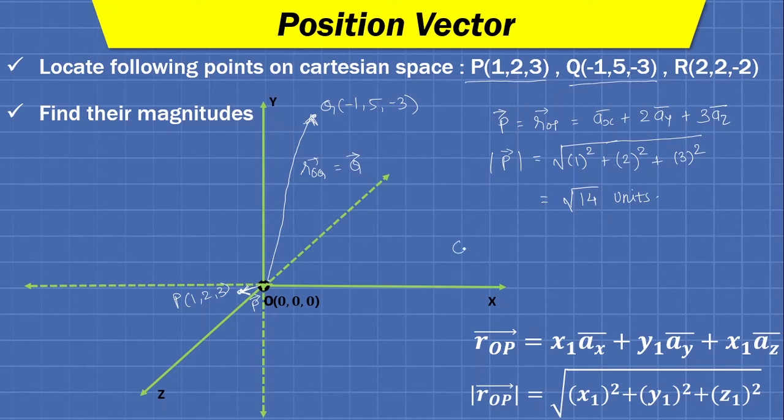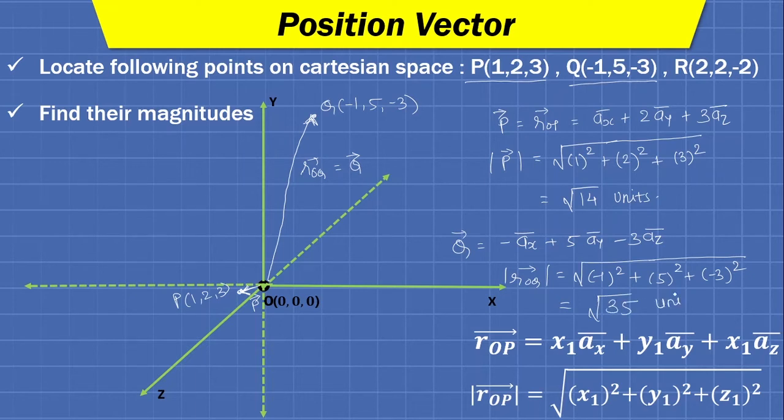Again, Q bar can be written as -a_x bar plus 5 a_y bar minus 3 a_z bar, and the magnitude of the position vector of Q can be calculated as the square root of (-1) squared plus 5 squared plus (-3) squared. So it will be the square root of 35 units.